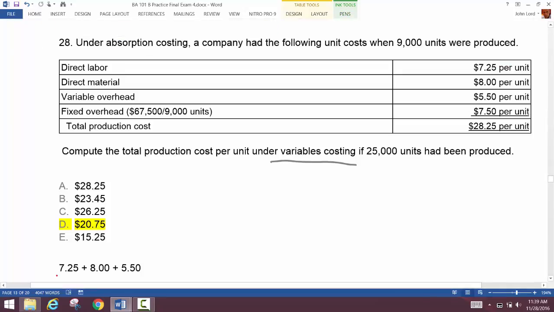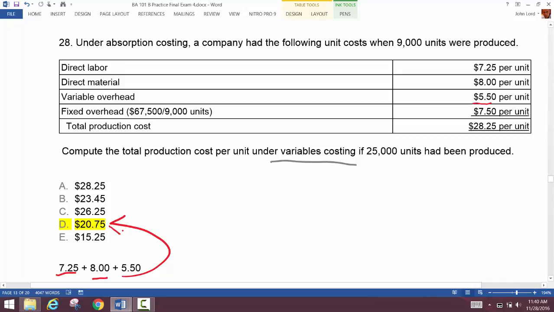Yes. Do I pick up the direct material? Those are both variable. Do I pick up the variable overhead? I pick up the variable overhead. How about the fixed? Do not pick up the fixed manufacturing overhead. And so if you total those three, we get this 2075.